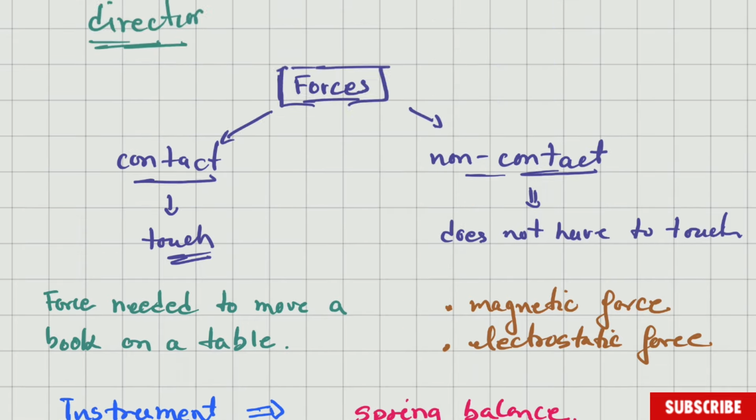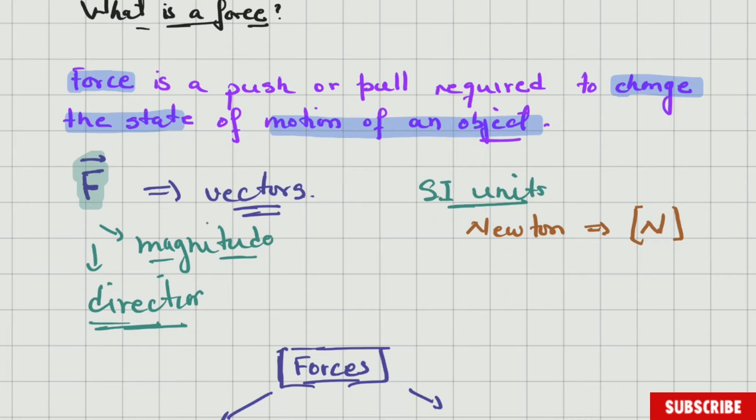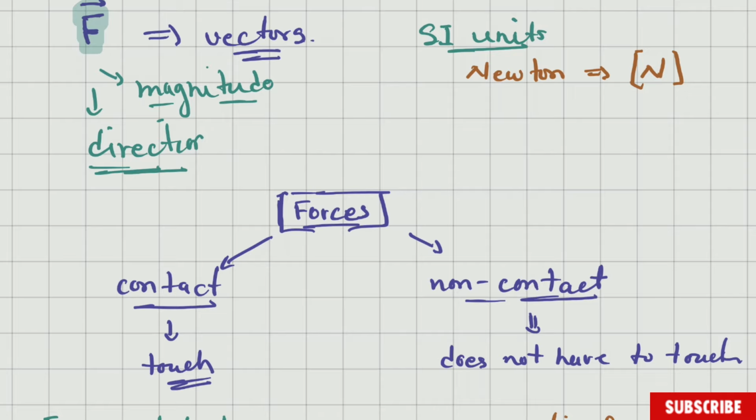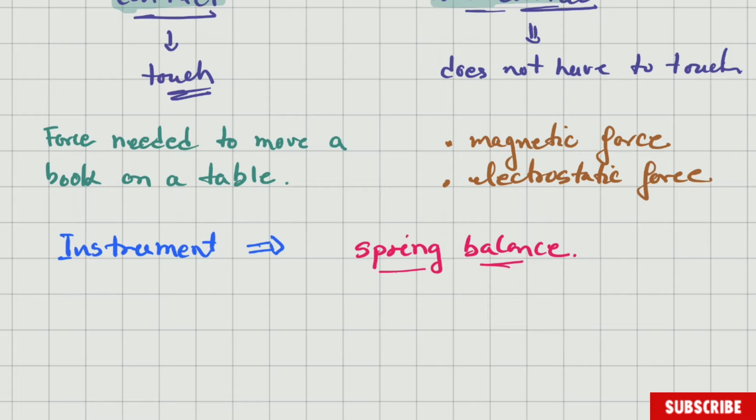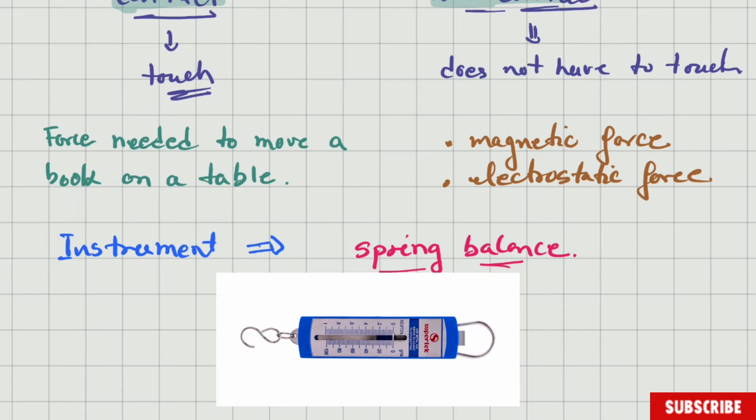So for now we know what force is, its symbol, its international unit, and that there are two types, contact and non-contact. For contact force there must be physical touching between the objects, while for non-contact force they do not have to touch. I'm going to leave you a picture of a spring balance. We're going to be using it in an experiment.